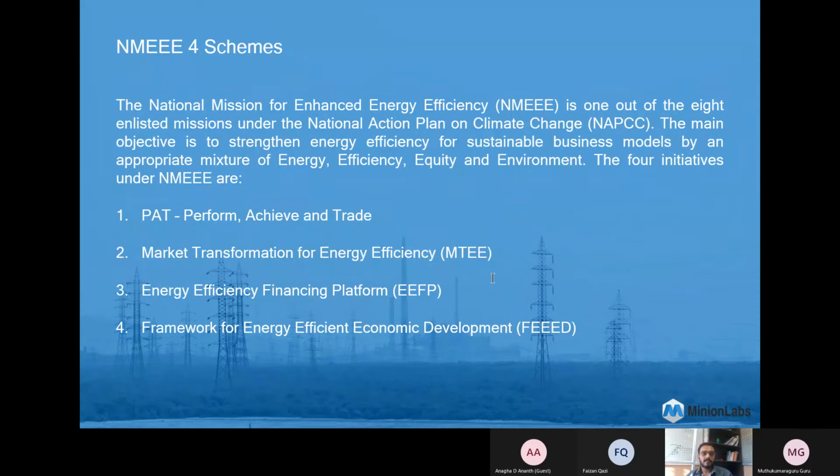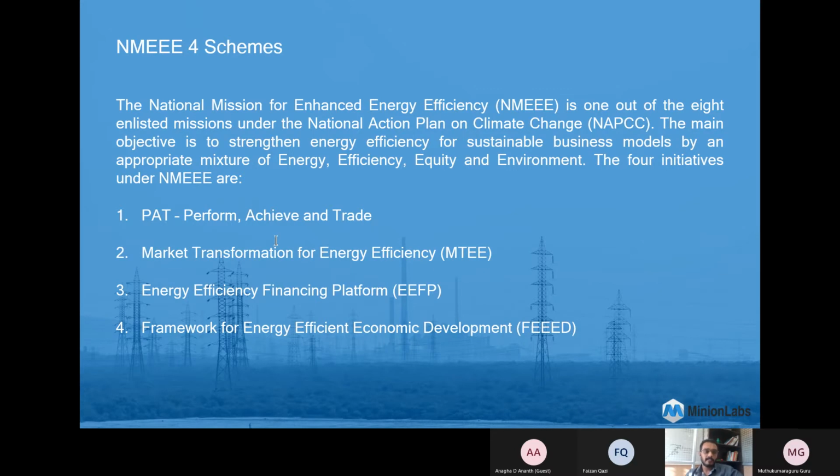The four initiatives under NMEEE are: first, PAT, Perform, Achieve, and Trade, mainly to increase the cost effectiveness of energy efficiency in industries. Second, Market Transformation for Energy Efficiency, that is MTEE, to accelerate the shift to energy efficient appliances.